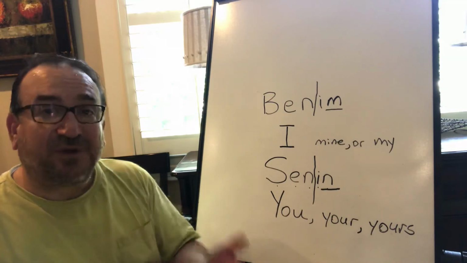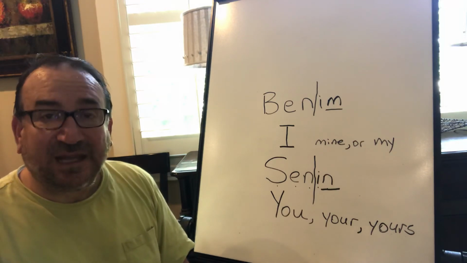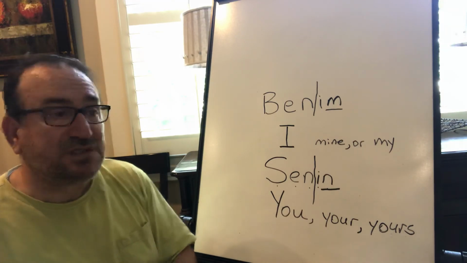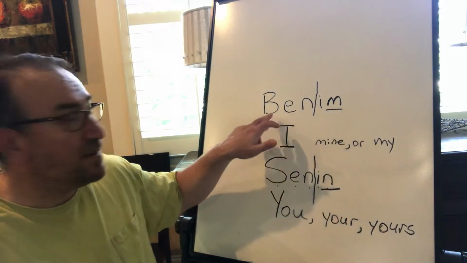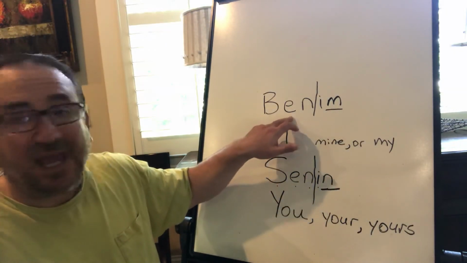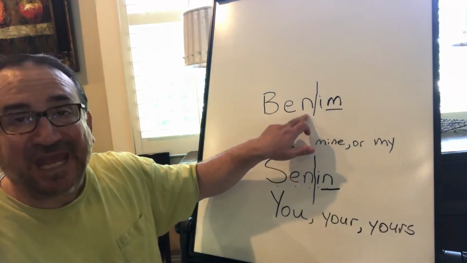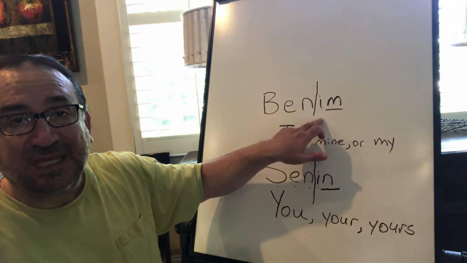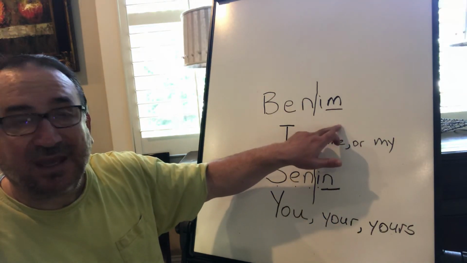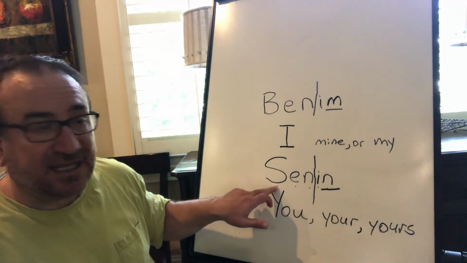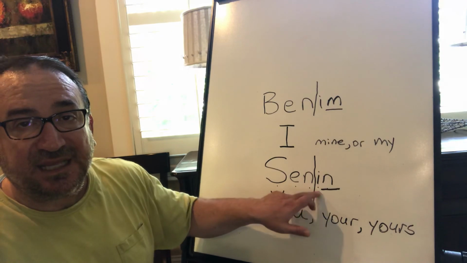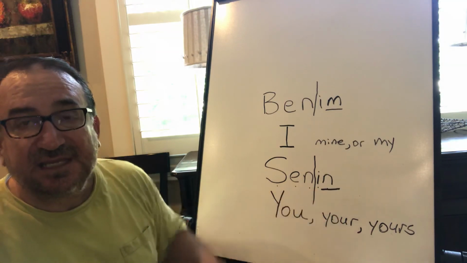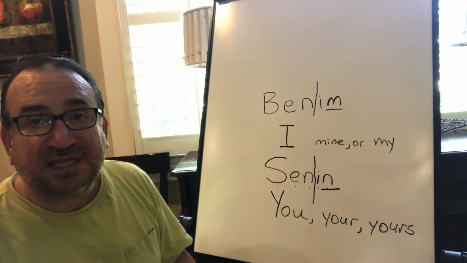And by practicing, by writing it down, you will start learning the alphabet too. Okay? B, E, ne, I, me, se, e, ne, I, ne, benim, senin.